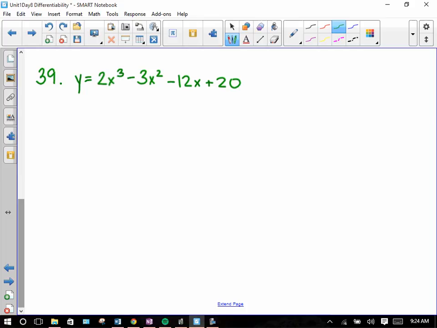The x-axis runs horizontal left to right. So it's just asking, find horizontal tangents.